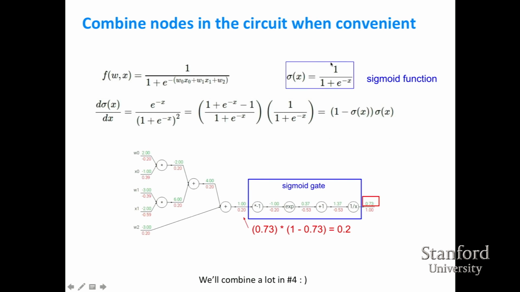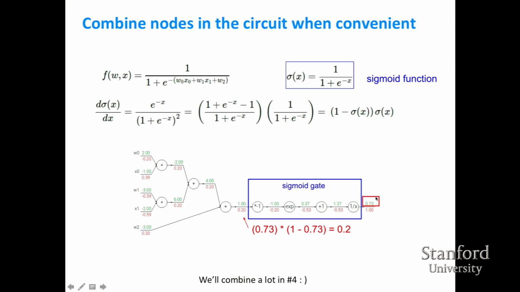So for instance, if we just described sigma of x as our sigmoid function, we could combine all these different elements of the circuit as just one node in the circuit. And with this one little trick, the derivative of sigma x with respect to x can actually be described in terms of sigma x. We don't need to do any extra computation like we did internally here, take another exponent, and so on.